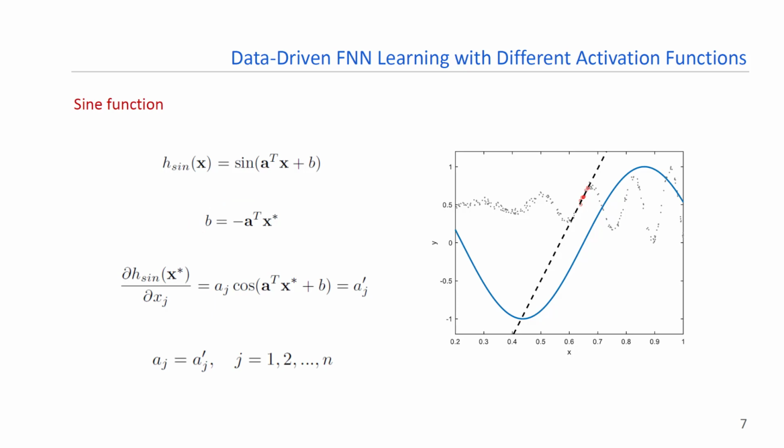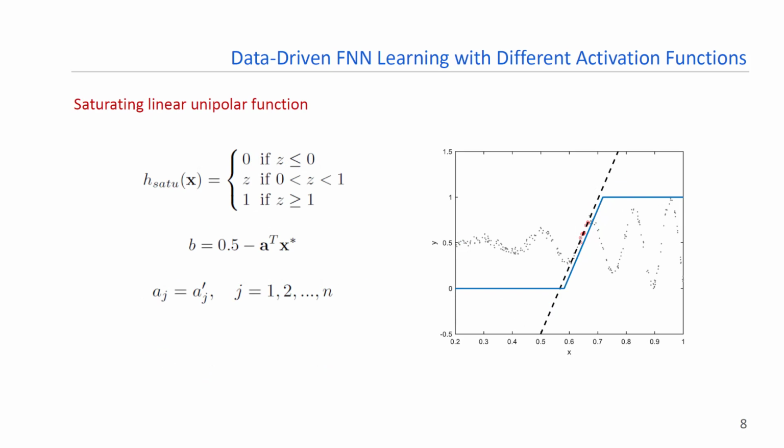To find weights, we equate the partial derivatives of the sine function in x asterisk to the partial derivatives of hyperplane t. From this equation, taking into account that the sine value in x asterisk is 0, we obtain the equations for weights. As you can see, the weights are the hyperplane t coefficients.